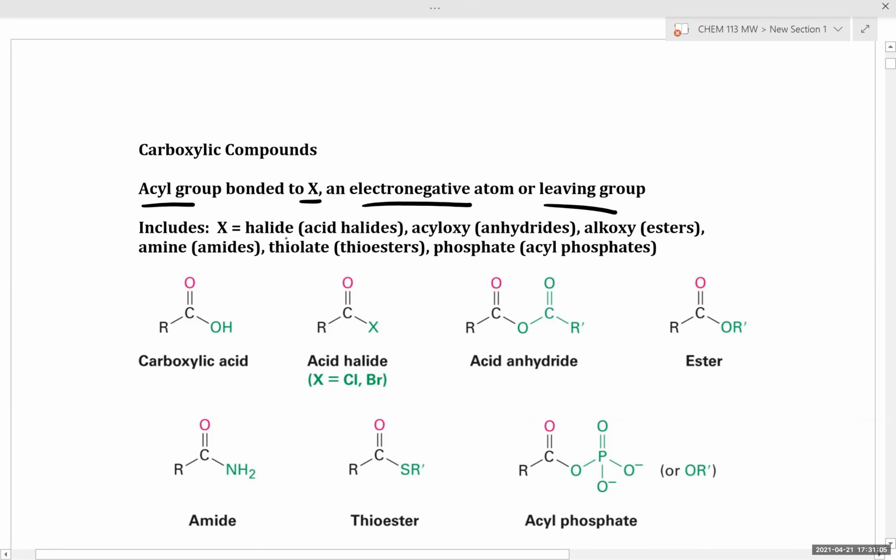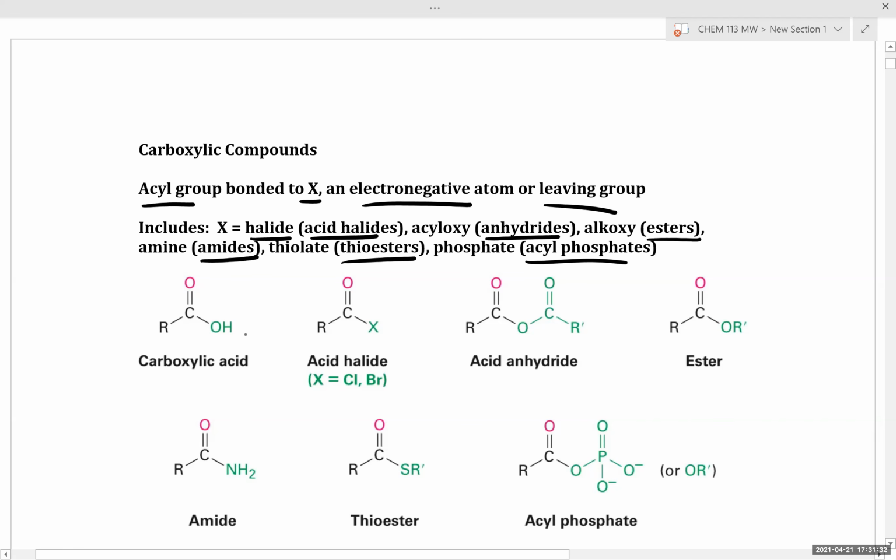These include your acyl halides, your anhydrides, your esters, amides, thioesters, and acyl phosphates. So in each case, we have an acyl group bonded to an electronegative atom or leaving group X.